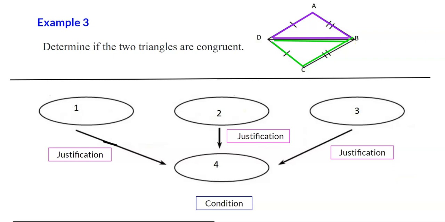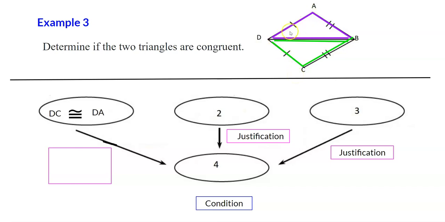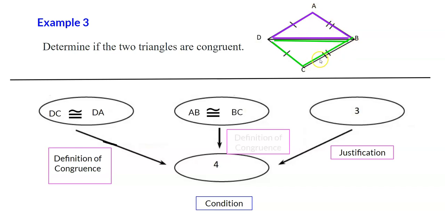The first statement is that DC, this line segment right here, is congruent to DA, by the definition of congruence, because the marking has been given to us. The second is that AB is congruent to CB, by the definition of congruence, again because those markings have been given to us.